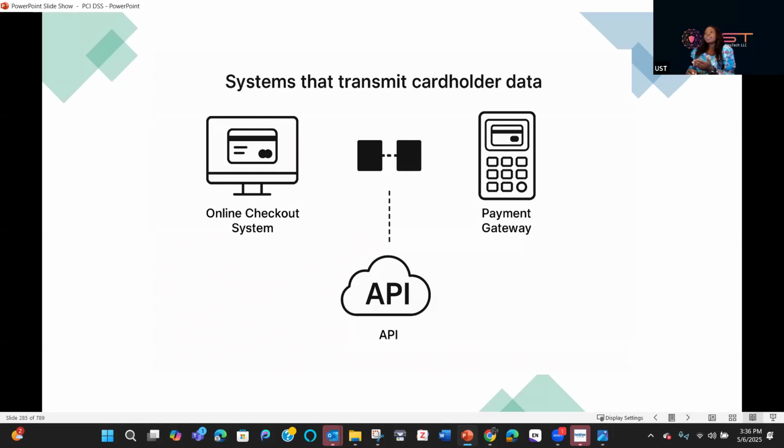Okay. If you look at it very well, this is a typical example of some of the things we've covered: systems sending information over the network. Do you see you have the online checkout system, the payment gateway, and of course the API, right? Say you want to go to Amazon. I don't think Amazon will route you to PayPal, but Walmart will.